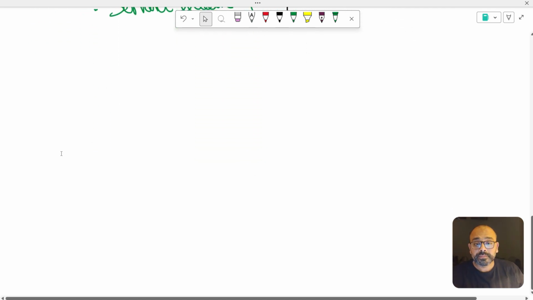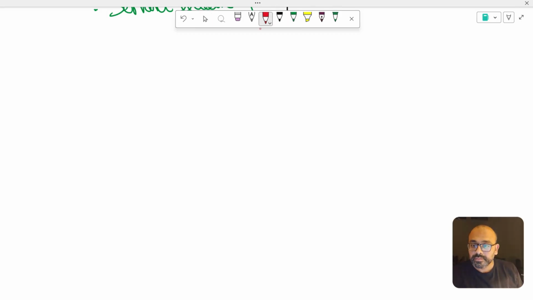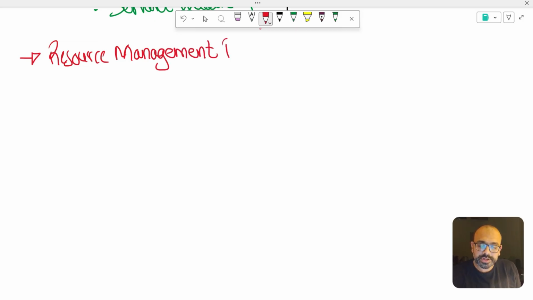Now some generic concepts that you always need to keep in mind for the PMP exam. Number 1, there is a resource management plan.